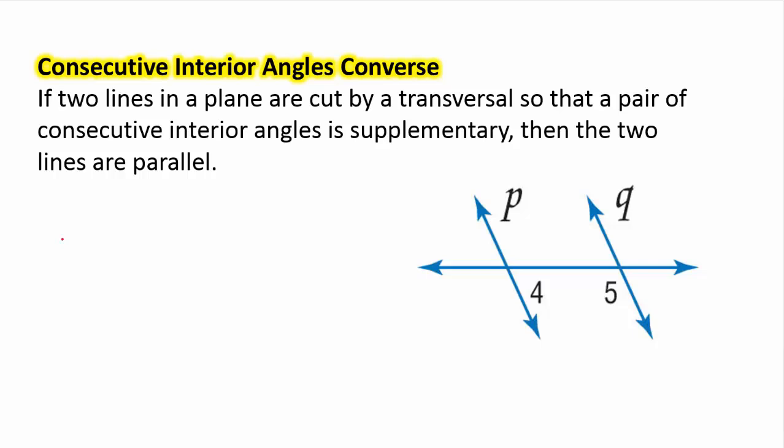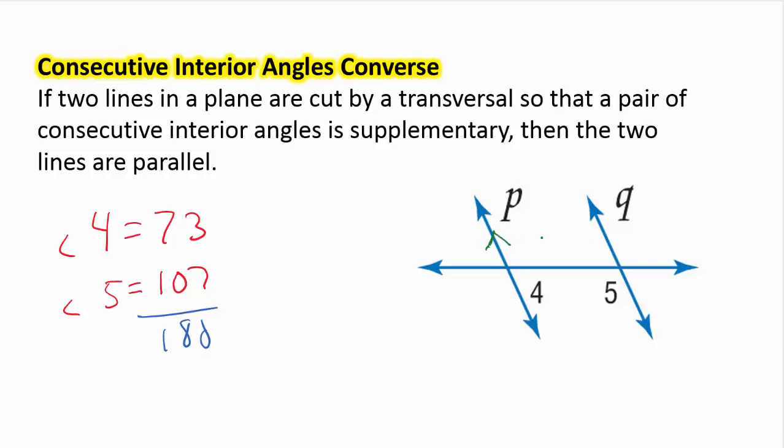Remember, if we know that angle 4 is equal to 73, and angle 5, and those two are consecutive interior angles, is 107 degrees, and supplementary means that they add up to 180. Well, 73 plus 107 is 180. If these two add up to 180, then you can say that the two lines are parallel.